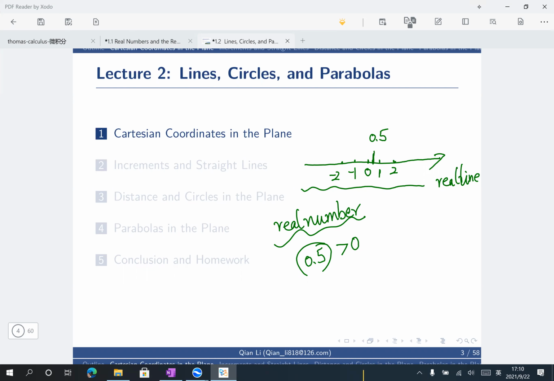You're right. So real numbers can be located on the real line.